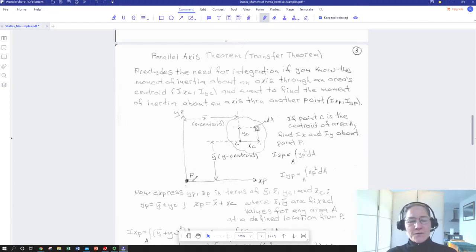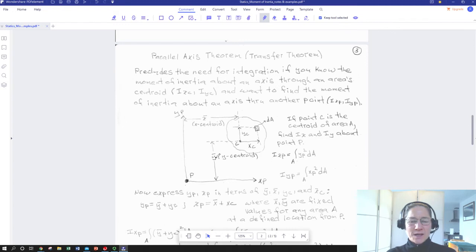So we've got point P at the origin of this other reference frame, and we're going to describe the y and x axes of this other coordinate system as x sub p and y sub p. So we can define a couple of really important distances for moment of inertia in terms of this bigger reference frame.